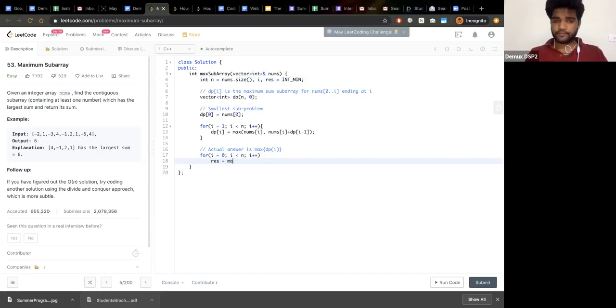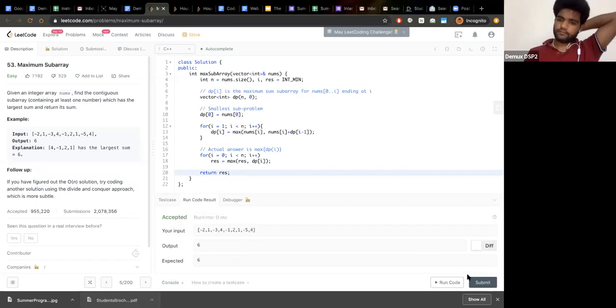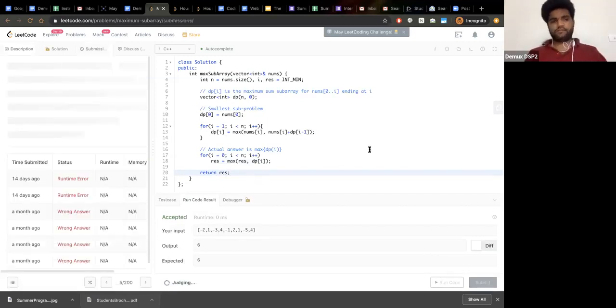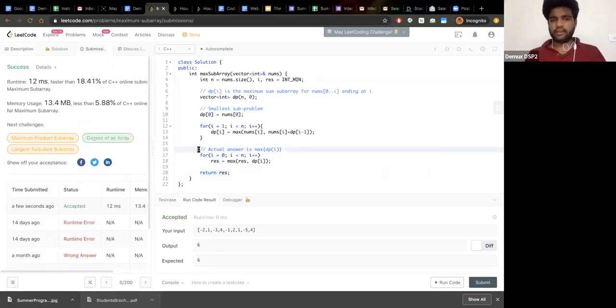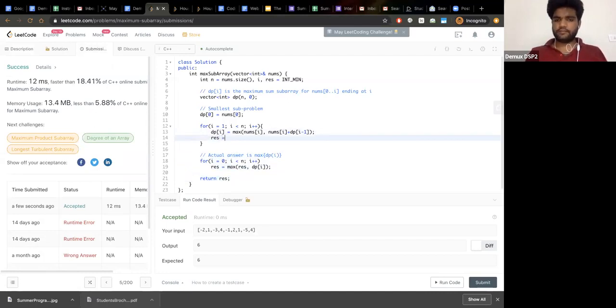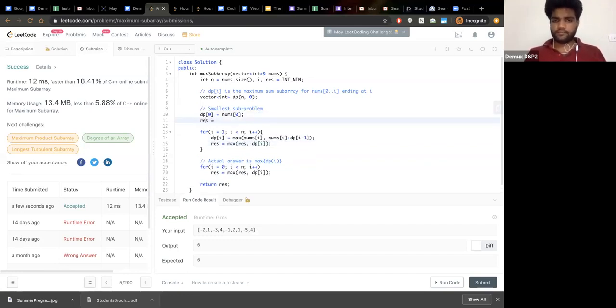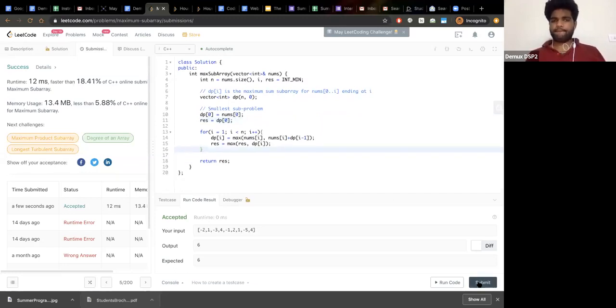So your result will be max of result and DP of I. You could get away with all this, the entire thing, by just doing it here only, and initializing result to also DP of 0. Okay, is this clear to everyone?